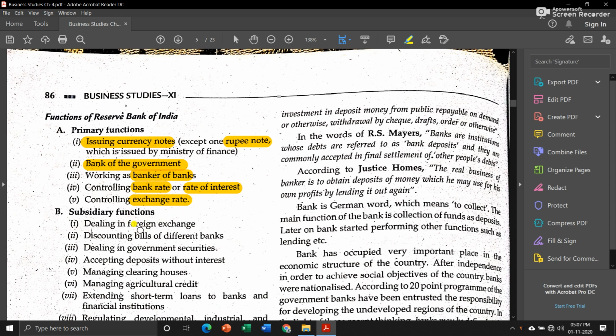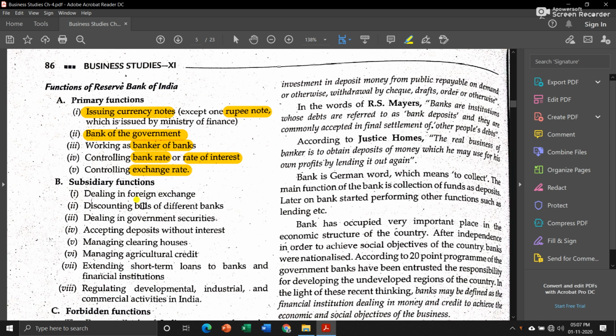Then the subsidiary, or you can say secondary, functions of RBI are dealing in foreign exchange, then discounting bills of different banks, means checks or any other bills, then dealing in government securities, means RBI has the power of buying or selling shares of government, then accepting deposits without interest.